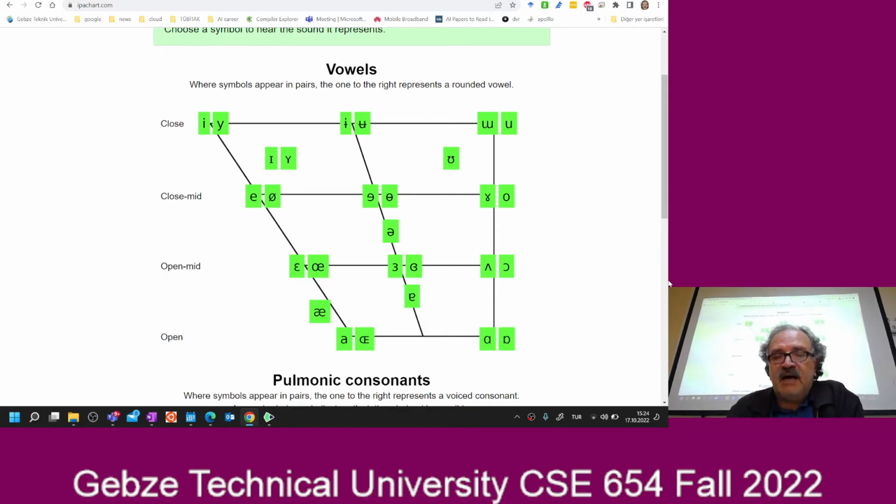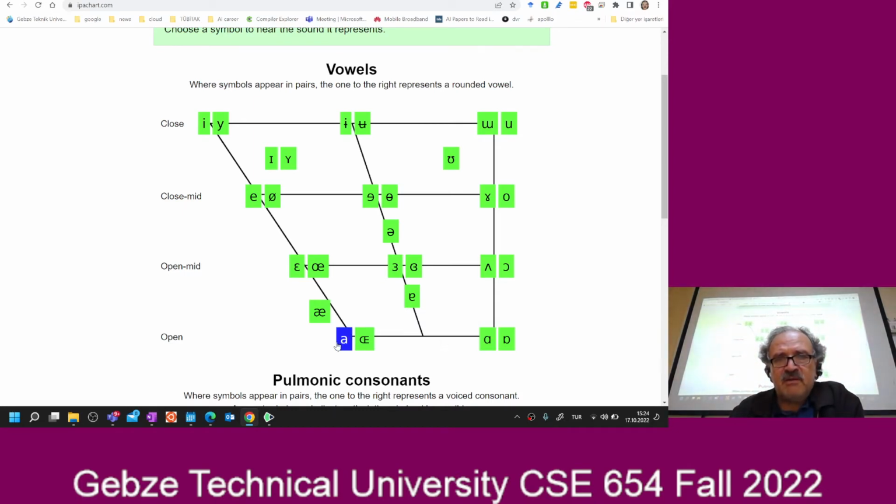When you say ah, you keep your mouth open and the lower part of your tongue is low. This is how you produce that sound. So I think this is closer to the Turkish ah.